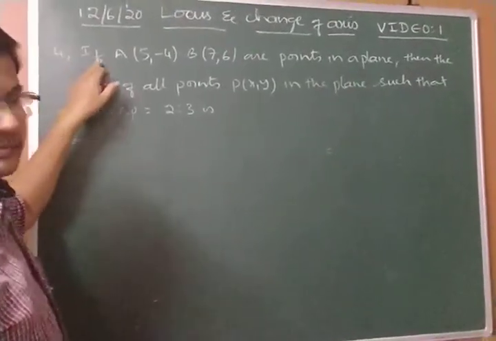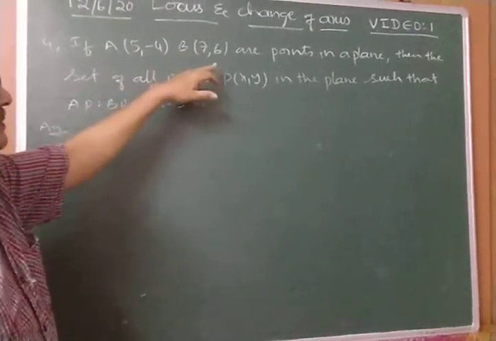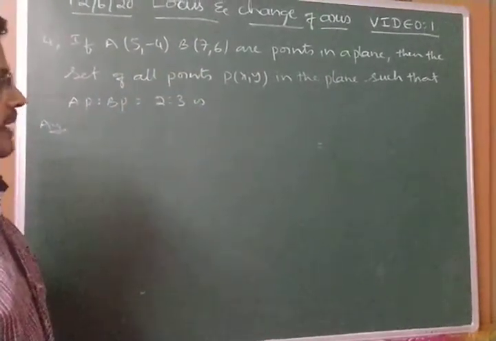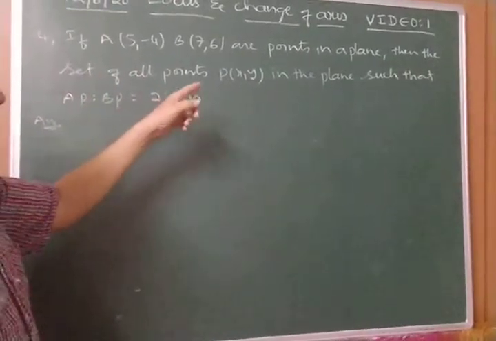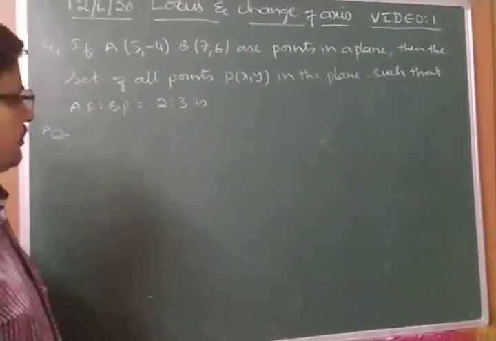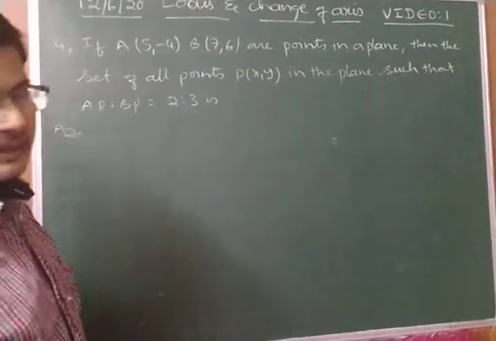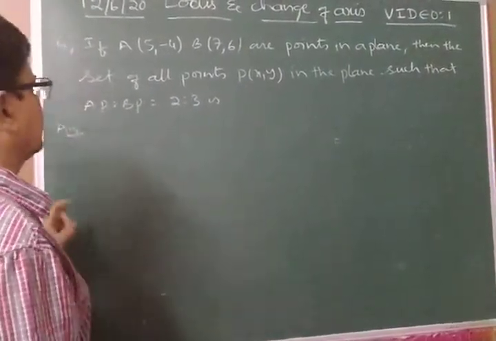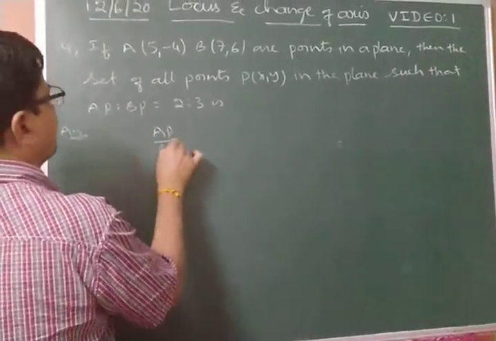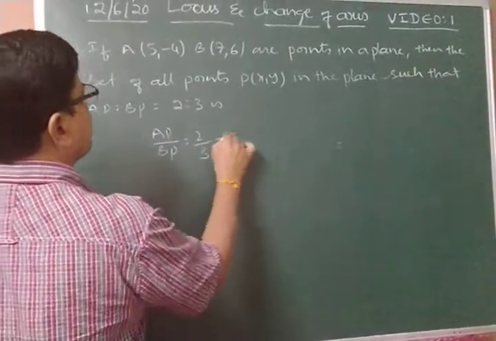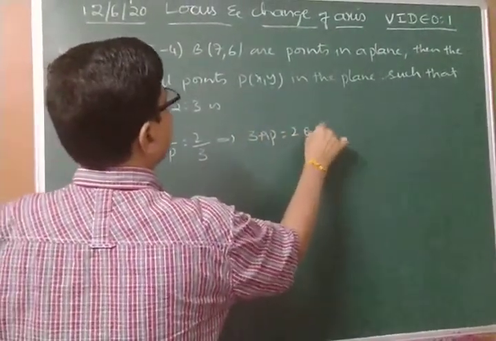Question number 4. If A(5, minus 4), B(7, 6) are points in a plane, then the set of all points P(x, y) in the plane such that AP is to PB is equal to 2 is to 3 is. So given AP by BP is equal to 2 by 3. So that implies 3 AP is equal to 2 into BP.